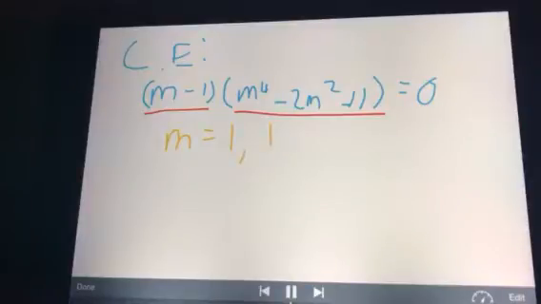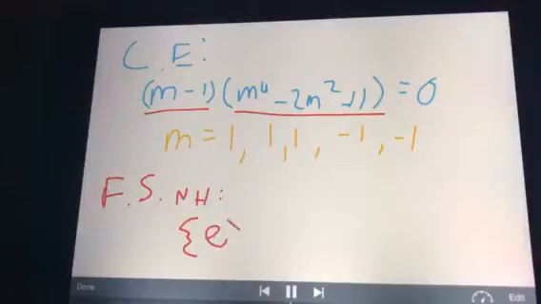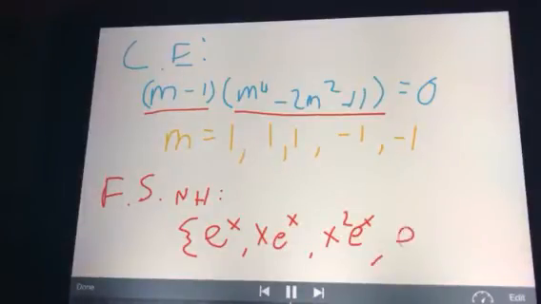So I'm going to go ahead and write our 2 1s and then our 2 negative 1s. That is going to give us the fundamental solution with the base NH of e to the x, comma x e to the x, comma x squared e to the x, comma e to the negative x, comma x e to the negative x.